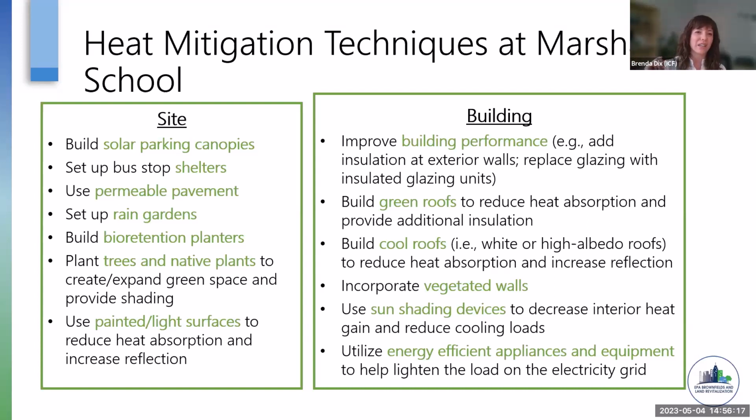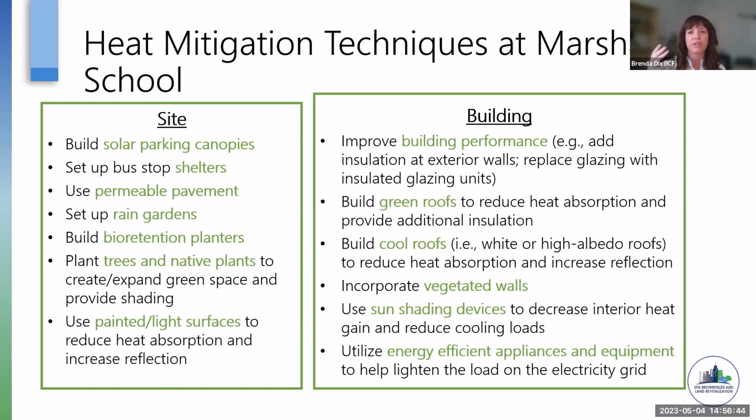On the site, I talked about those solar parking canopies, bus stop shelters, the permeable pavement, the rain gardens, the bioretention planters, using those trees and native species, and using light surfaces where possible, or light colored paint to reduce heat absorption and increase reflection. And in the building, improving the building performance. We think of these things as helping with energy efficiency, right?